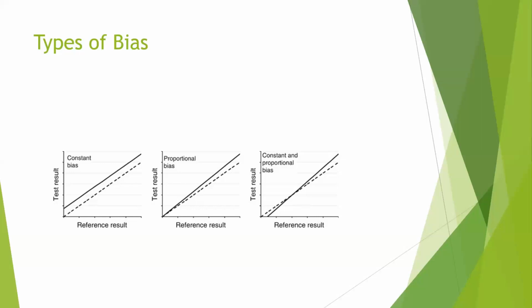And there is a constant bias showing that there is a constant difference between the two lines in this graph. Then there is a proportional bias in the next one. Here, these lines are not at a constant difference. Bias is depending upon the value of the analyte. And on the third, there is a mix of constant and proportional bias, which has elements of a constant bias and a proportional bias.